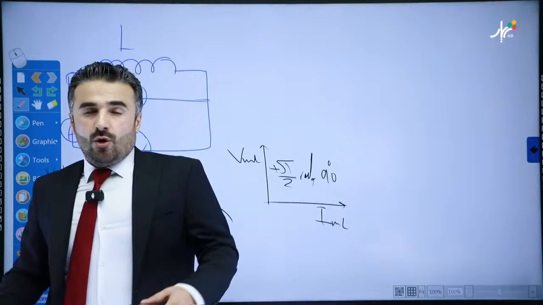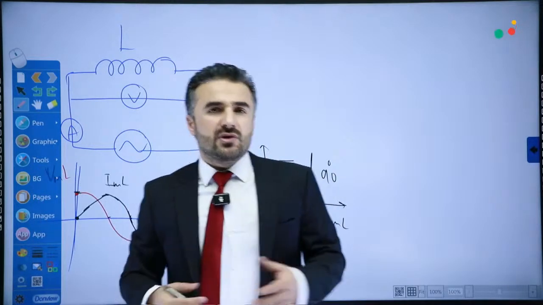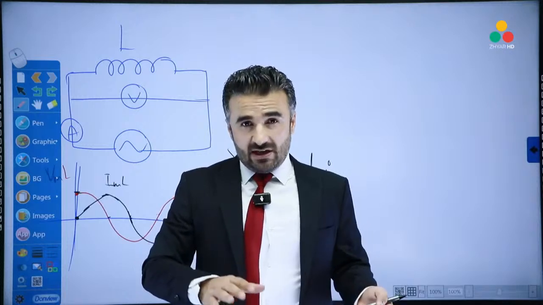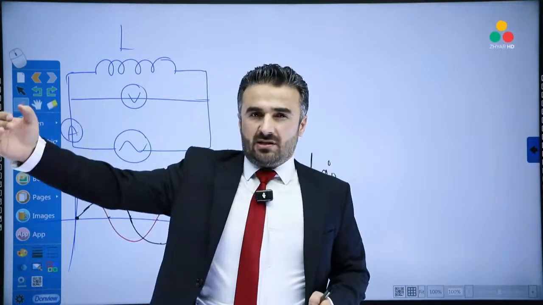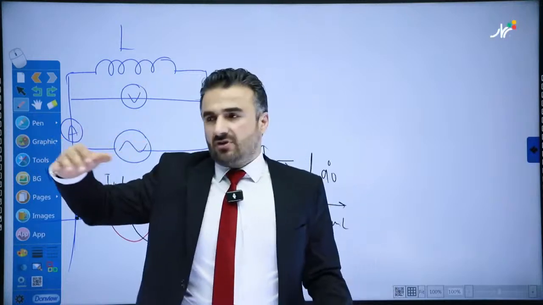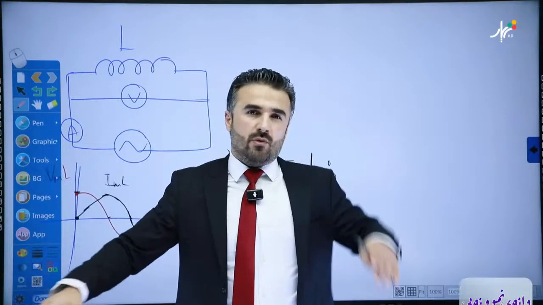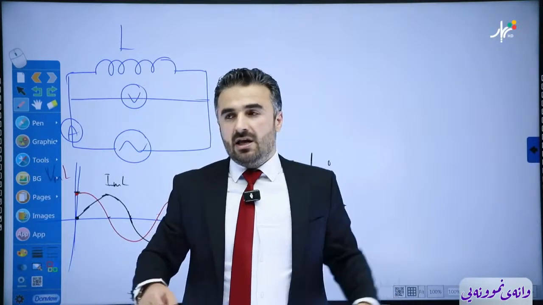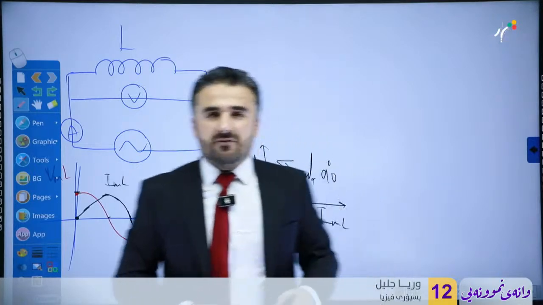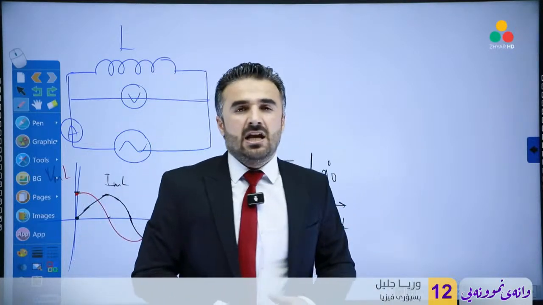So once again, when we have a circuit connected to a pure self-inductance, remember this: the voltmeter reads maximum voltage while the ammeter is reading 0. After that, the voltmeter decreases to 0 while the current increases to maximum, and this is how it continues. So based on that, the phase angle difference between the two is 90 degrees.